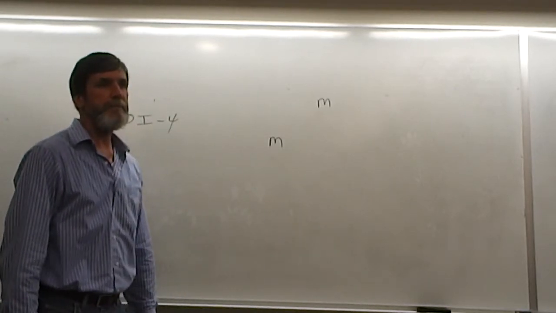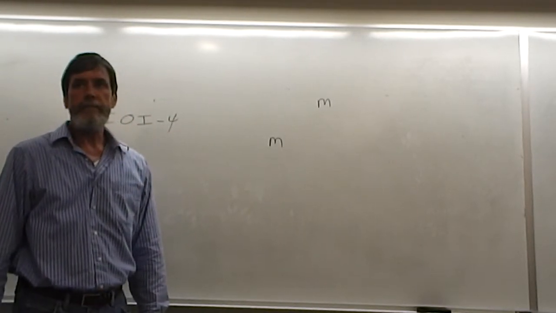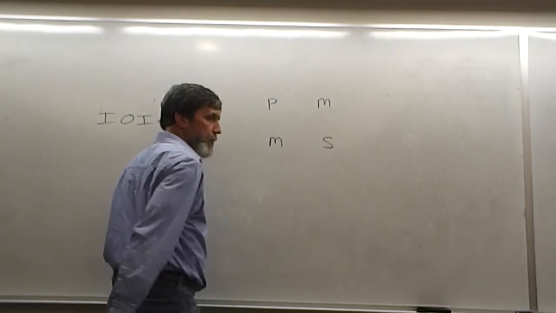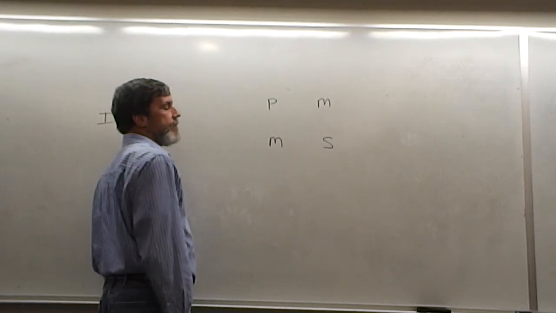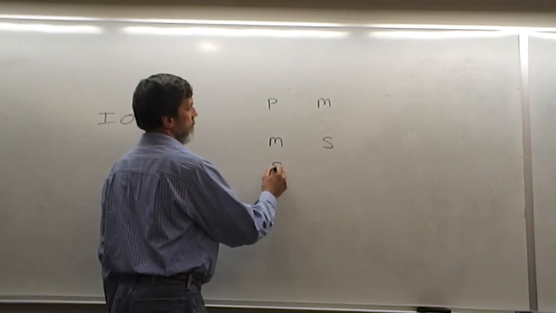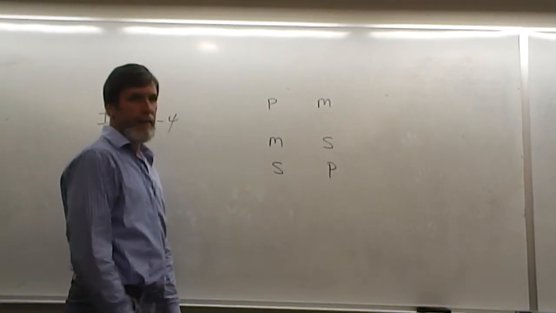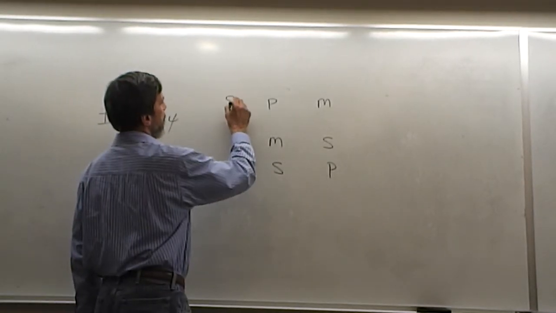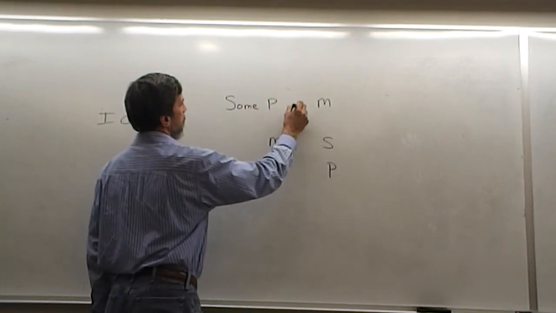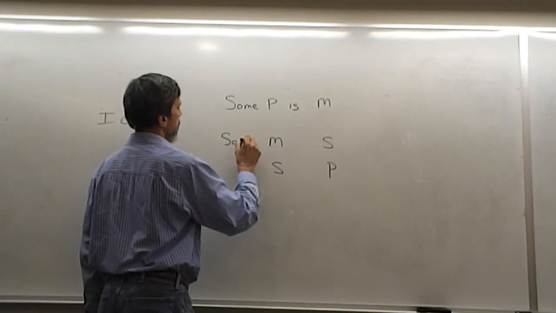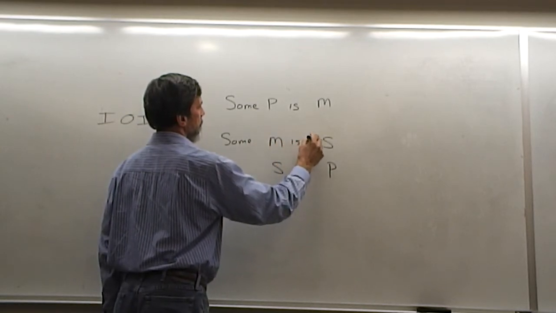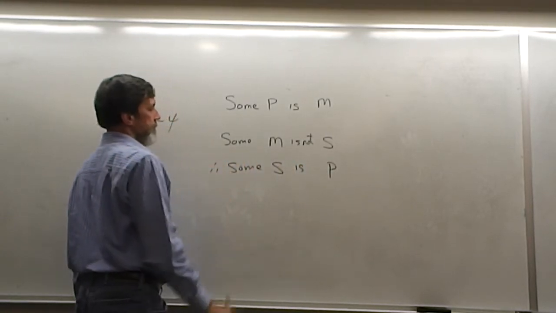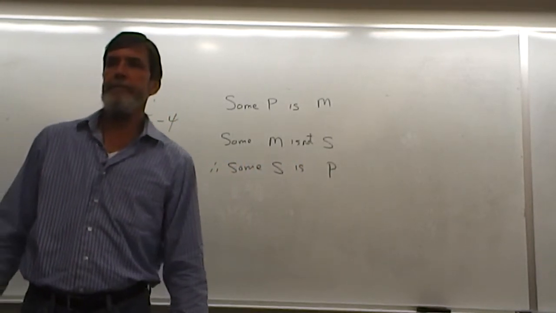Fourth figure. Major and minor terms. Subject, predicate of the conclusion. Quantifiers and copula. You should have that.